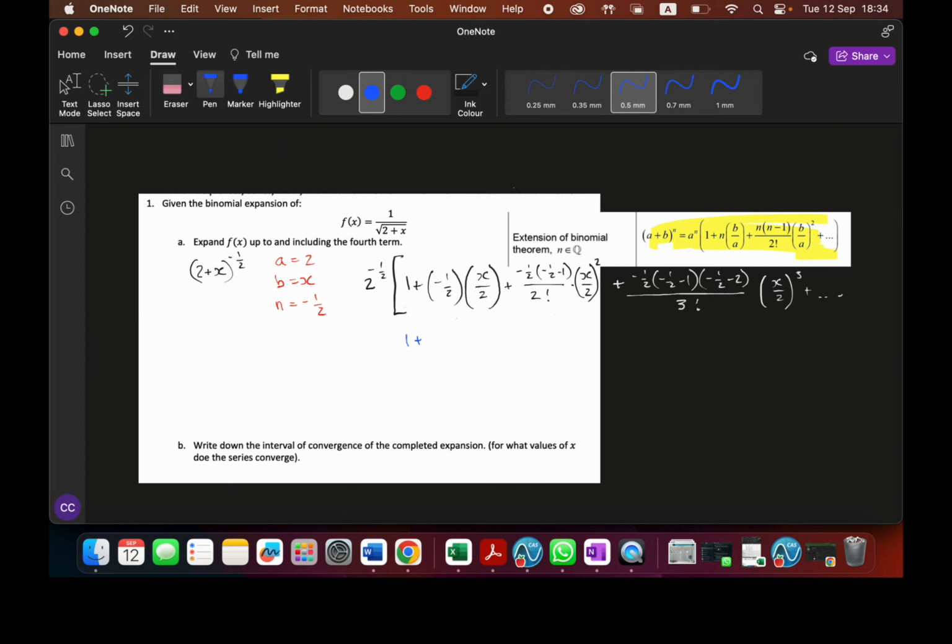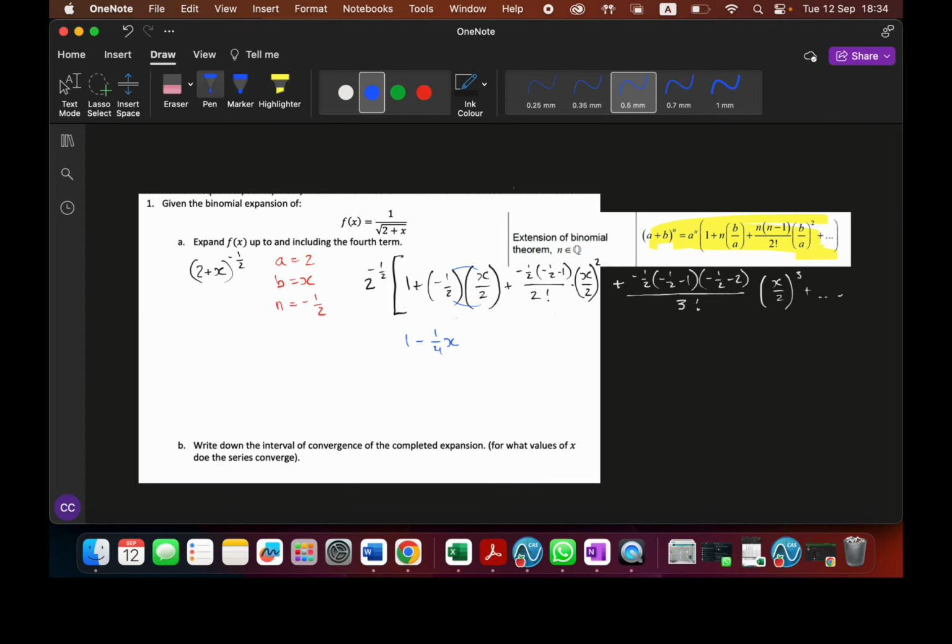Now, in order to actually calculate this expansion, that'd be 1 plus negative 1/2 times x over 2 would be, sorry, I shouldn't do plus, because that's in fact minus 1/4 x, because that and that gives me a negative.